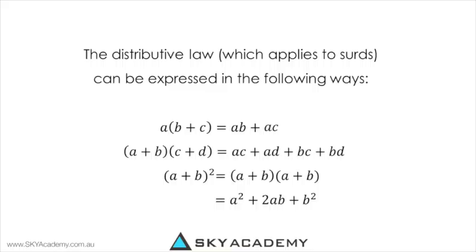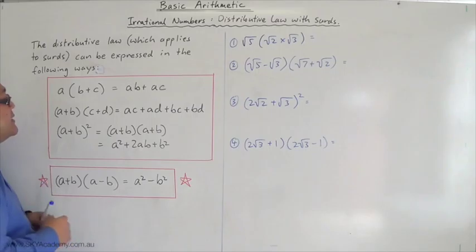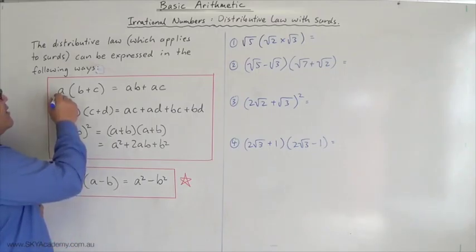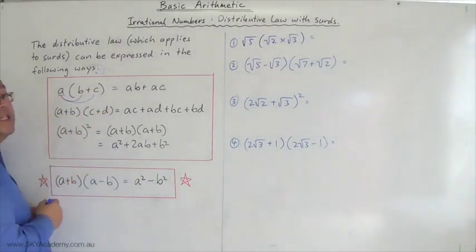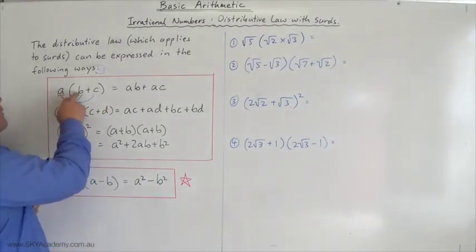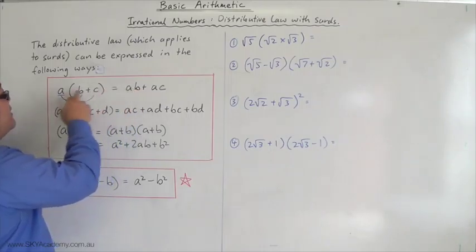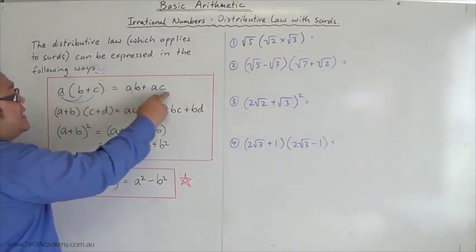If you've got a number multiplied by the sum or the difference of another set of numbers inside a set of brackets, you take this number and multiply each of the terms inside. So A times B is AB, A times C is AC.